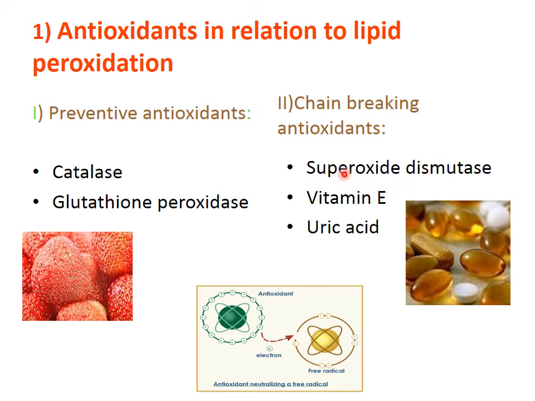They include one enzyme, superoxide dismutase. Vitamin E is also a chain breaking antioxidant, and the other is uric acid. Preventive antioxidants, which prevent lipid peroxidation, are the catalase enzyme and the glutathione peroxidase enzyme.